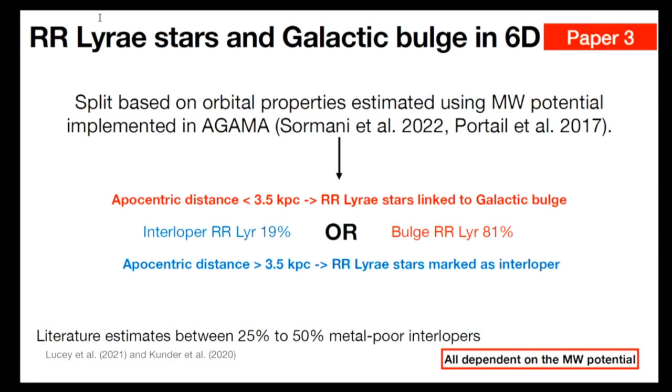So approximately 20% of our stars we consider as halo interlopers. There are literature estimates that range between 25 to 50% for the interlopers. But these studies use a different representation of the Milky Way potential in their orbit integration. They have a different coverage on the sky. So a lot of these things enter into this estimation of the interlopers.